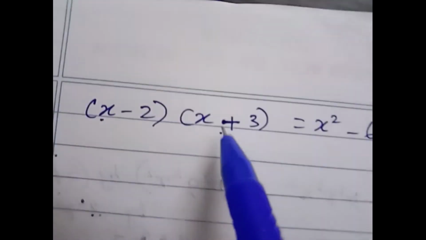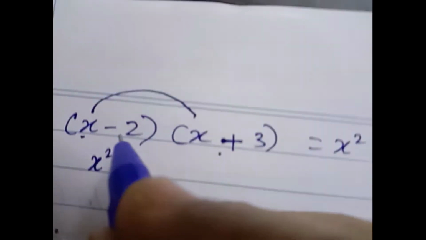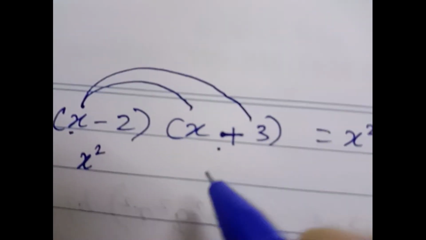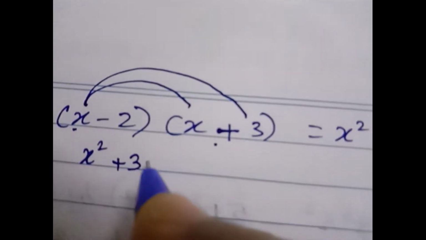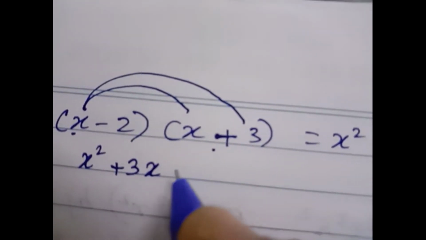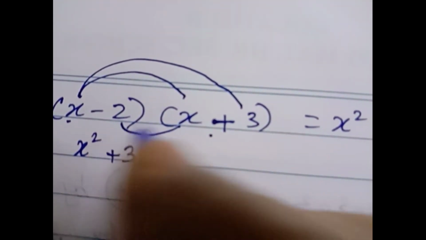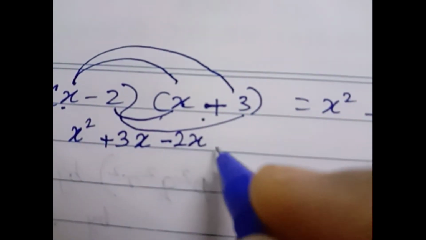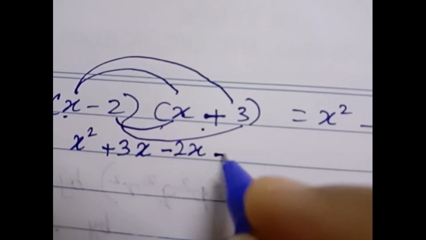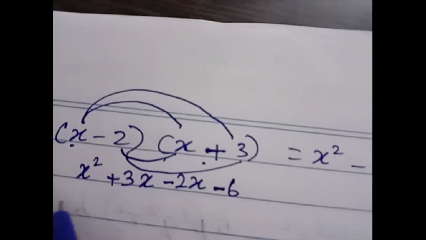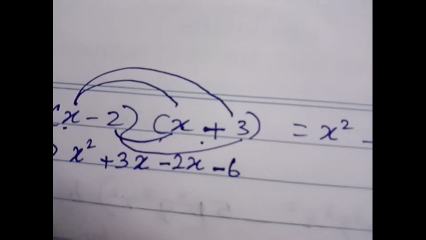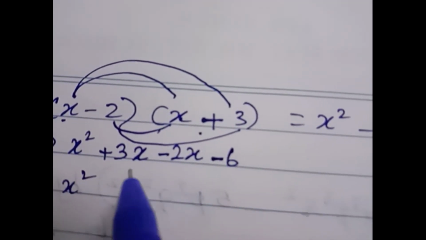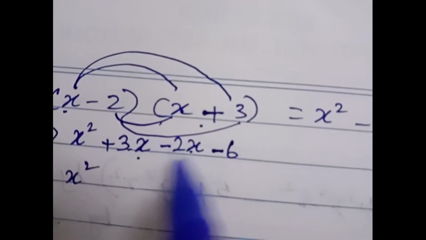Then binomial with binomial. So multiply x into x is x square. X into 3 is 3x. Then minus 2 into x is minus 2x. Minus 2 into 3 is minus 6. If you see here 3x and 2x are the like term.